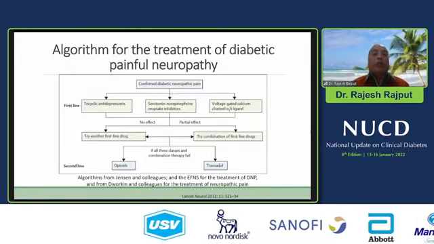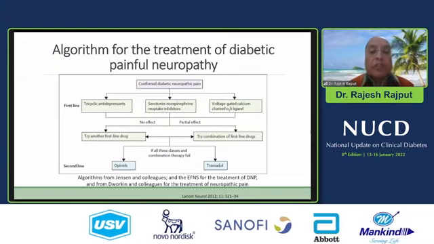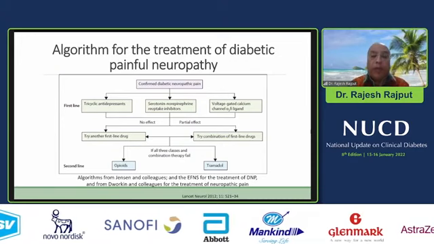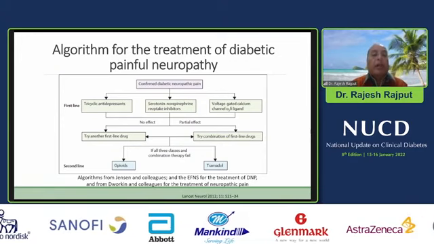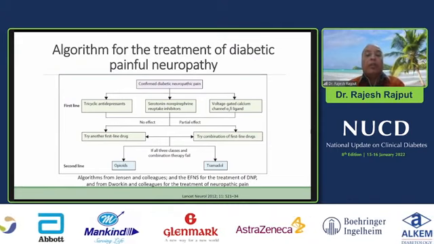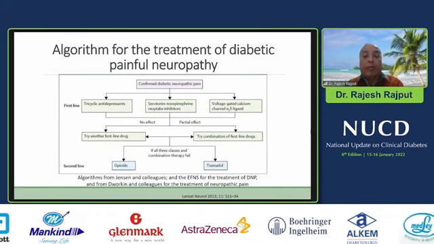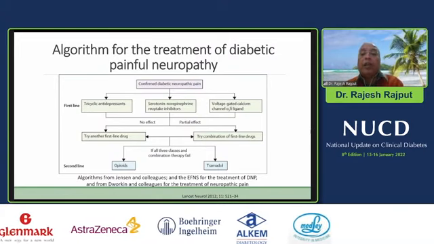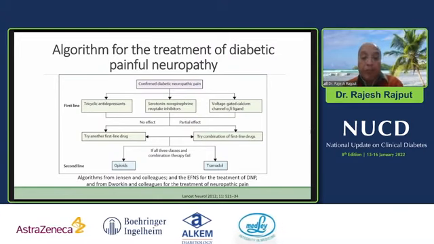Moving forward, how to use these drugs if you have a patient where you have confirmed diabetic painful neuropathy: you can use a tricyclic antidepressant, a serotonin norepinephrine reuptake inhibitor, which is duloxetine, and a voltage-gated calcium channel alpha-2 delta ligand, which is pregabalin.